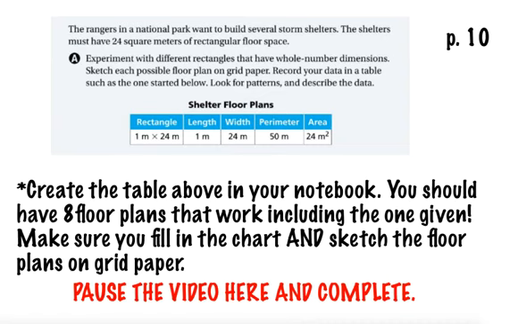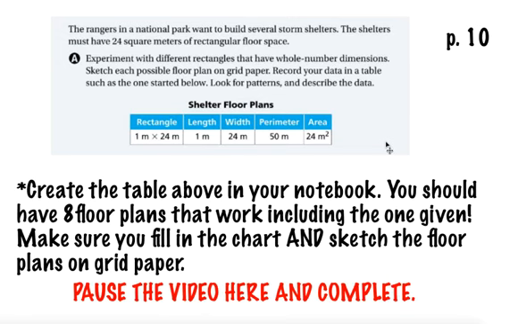So the first one here has been done for you. They give you two whole number dimensions, 1 and 24, and they say that's what your rectangle is going to be, a 1 by 24. They're saying the length is 1, your width is 24. Their perimeter they got is 50. Remember, that's because if you have your width is 24, the opposite side of your rectangle, your width is also 24, so 24 plus 24 is going to give you your 48.